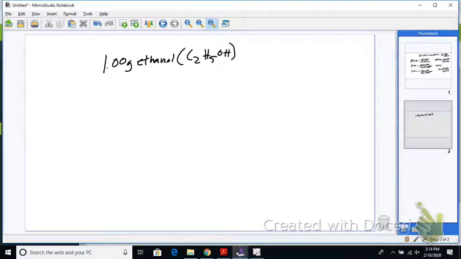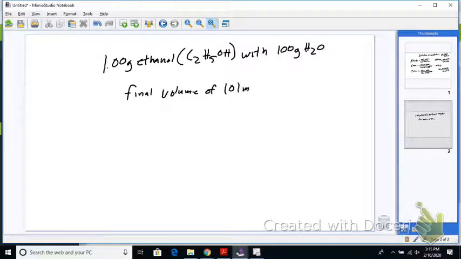And we're going to put it with 100 grams of H2O. And then it's going to have a final volume of 101 milliliters of solution. So we're going to have a volume of 101 milliliters of solution.